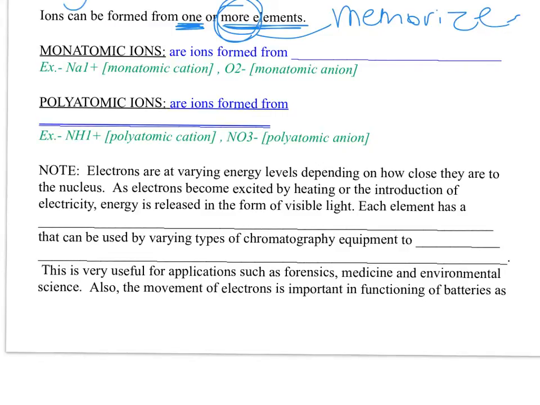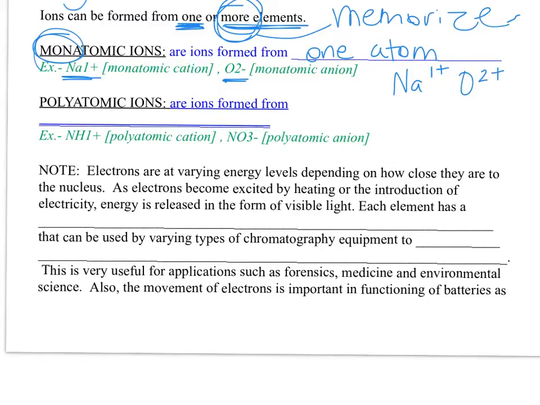Monatomic ions are ions formed from one atom. They're not going to give you a lot of grief. They're very straightforward. Again, mono is the root there. We have sodium, positive 1, oxygen, negative 2. And these should be superscripts. I don't know why I didn't catch that on my printout there.